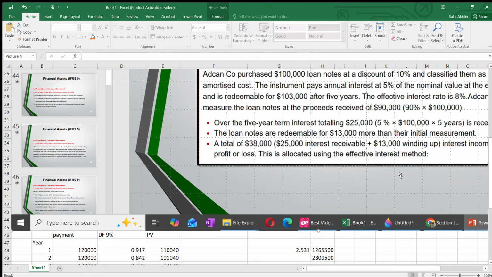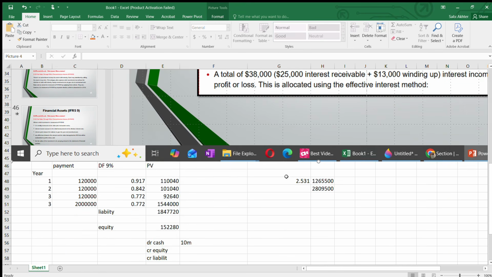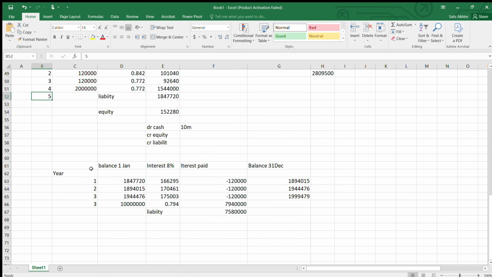So now we will be allocating the interest income over the 5 years using the effective interest method. This is how we are going to do it. We'll just change the figures from the previous question. Here we are going to put all the years from 1 to 5. Then we'll start with the brought forward balance.